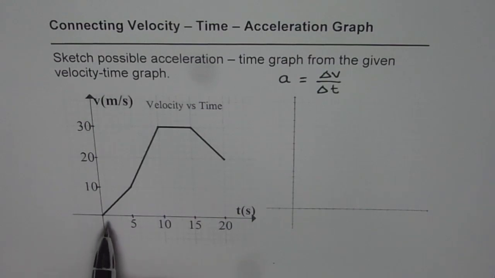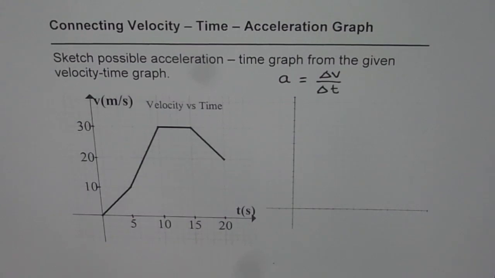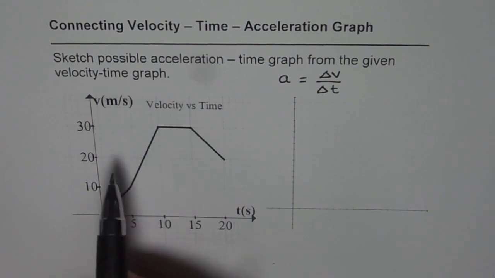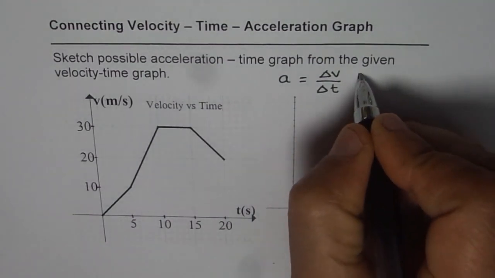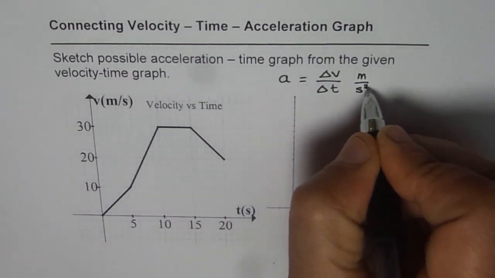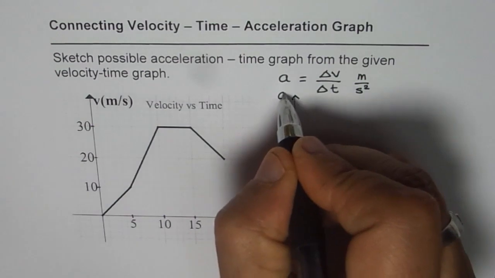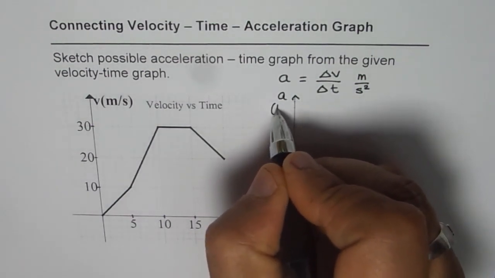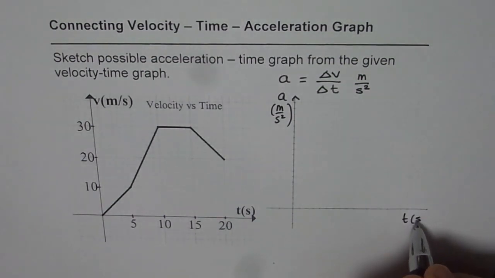In the first 5 seconds, we have time in seconds as the horizontal independent variable and velocity in meters per second as the dependent variable along the y-axis. So the slope here will be meters per second divided by second, and therefore the units will be meters per second square, correct? So we'll have acceleration along the y-axis, in meters per second square, and here we will have time in seconds.